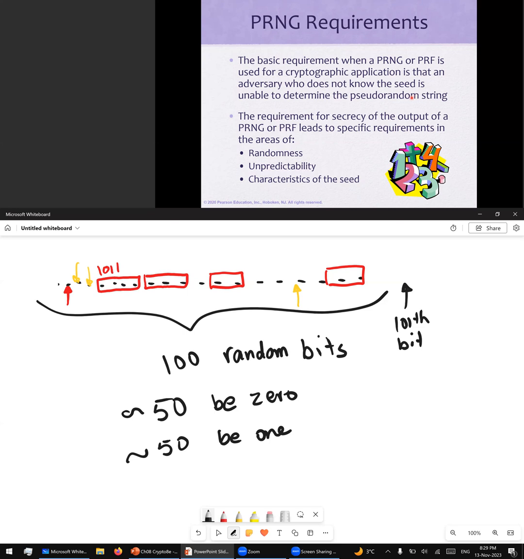And so there are certain requirements that a pseudo-random number generator has to satisfy before it can actually be used in an application. The areas where it has to satisfy those requirements are randomness, unpredictability, which we already had before in terms of random number generation, and also characteristics of the seed, which we will get into shortly.